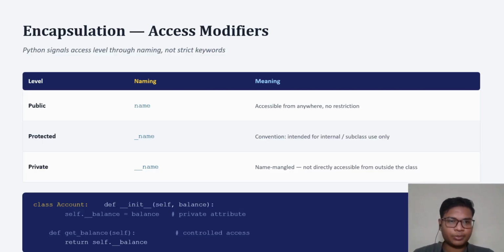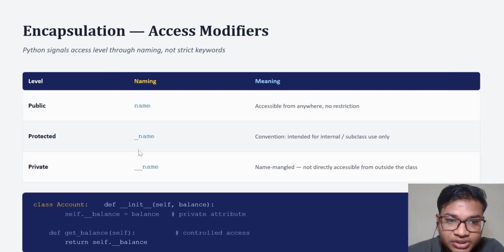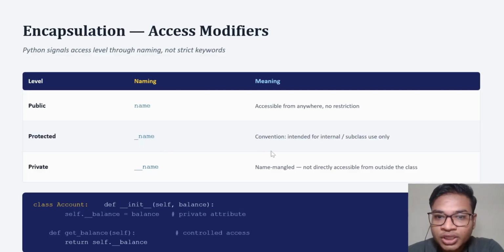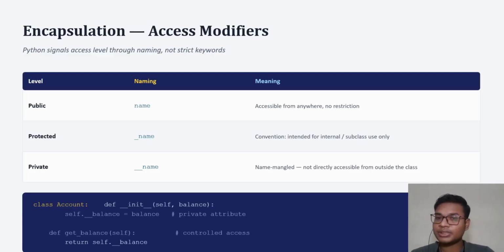Public means we have created a public variable, like name. It is accessible from anywhere, no restriction. Protected is created with a single underscore before the name. By convention, it is intended for internal and subclass use only. The third one is private. It starts with a double underscore before the name, which triggers name mangling, so it is not directly accessible from outside the class. These are the private variables.